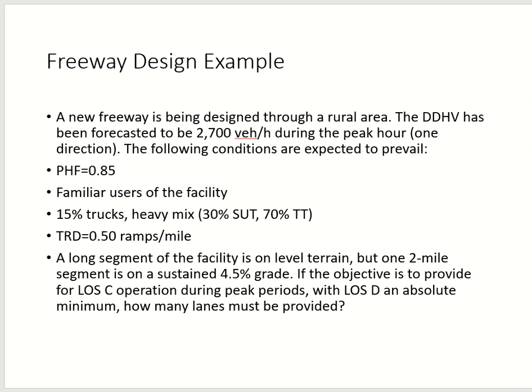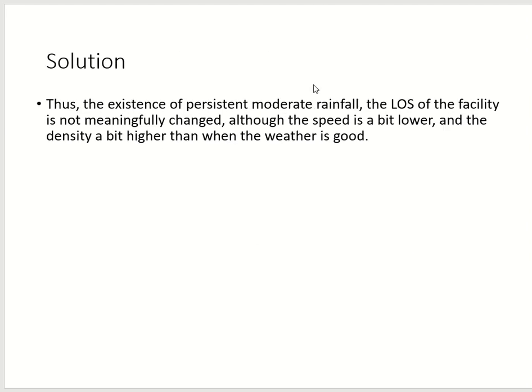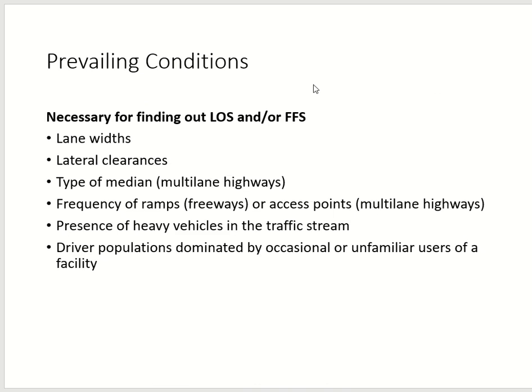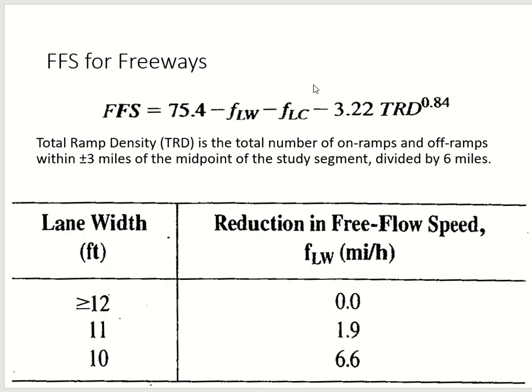Okay. What does standard mean, or why am I saying these are the standard values? Look at the table for FLW, 12 feet. Factor is 0. Okay, that's why I'm calling it the standard. It's written somewhere else that this is the standard, don't worry.